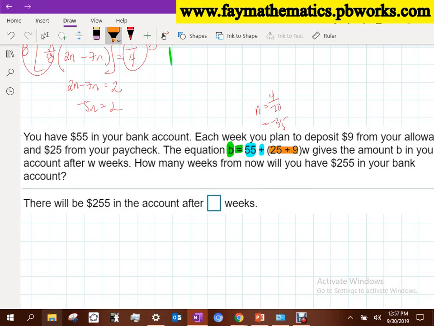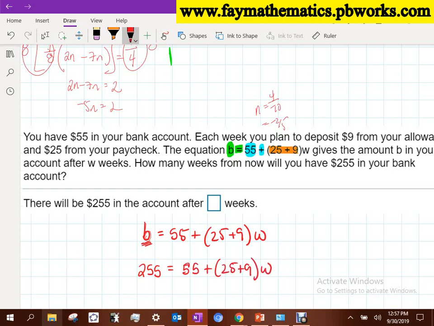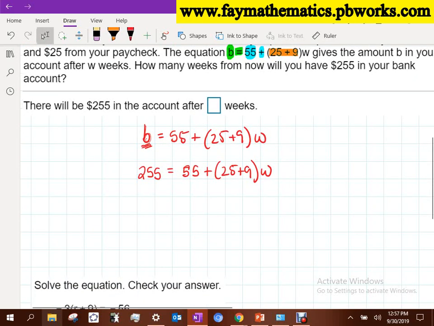So they ask you, how many weeks will it be before you have $255 in your account? Well, if this is the structure that's going to allow me to figure out how much money I'm going to have in my bank account per week, I should be able to say, well, if that needs to be $255, and I'm trying to solve for W. How many weeks does it take me to get $255 in there?